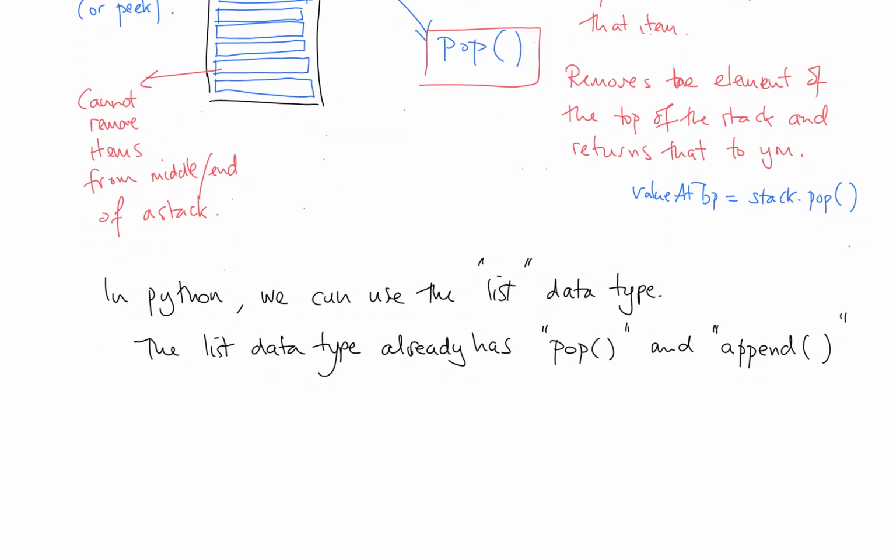So let's say you had a list in Python that looked something like this. Let's say you declared a variable called myList is equal to, and this is a list of strings, which is why I've got quotes around them.